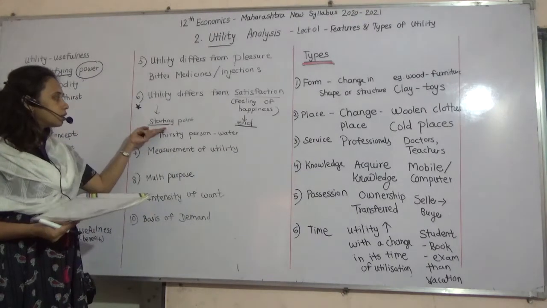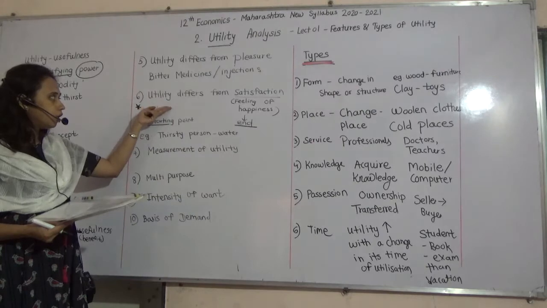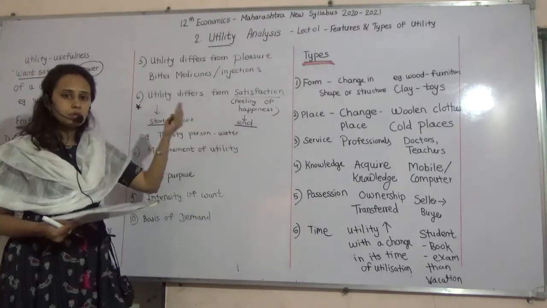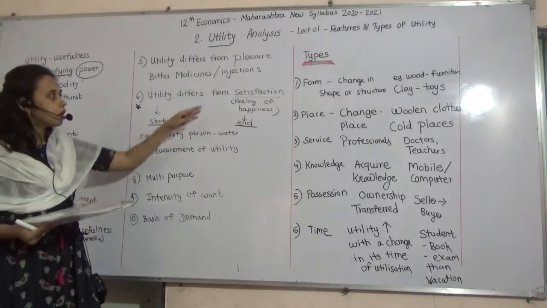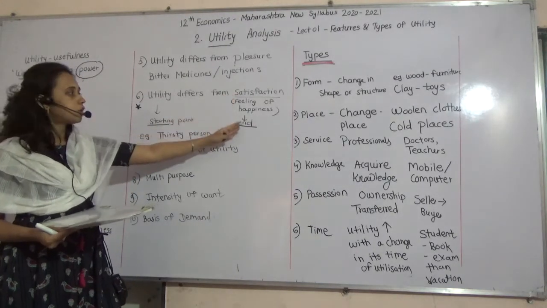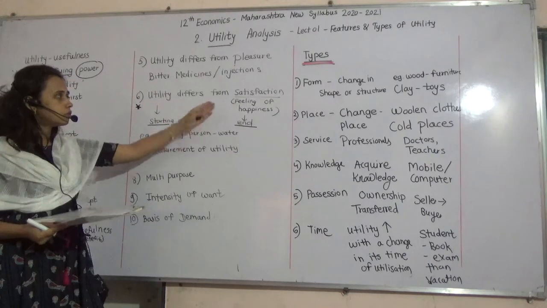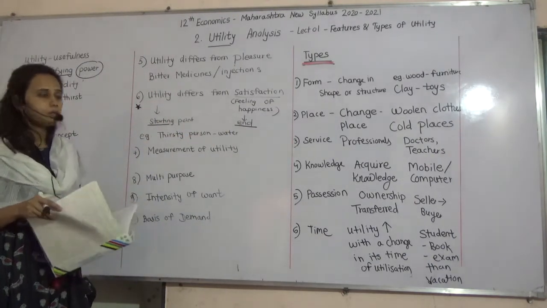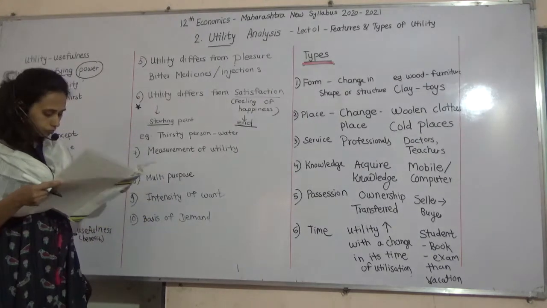So he is thirsty, that's why drinking water, so it has utility, and once he has drunk the water, he is getting the satisfaction, so that is the end of the consumption, that's why we call it as satisfaction is the end point.